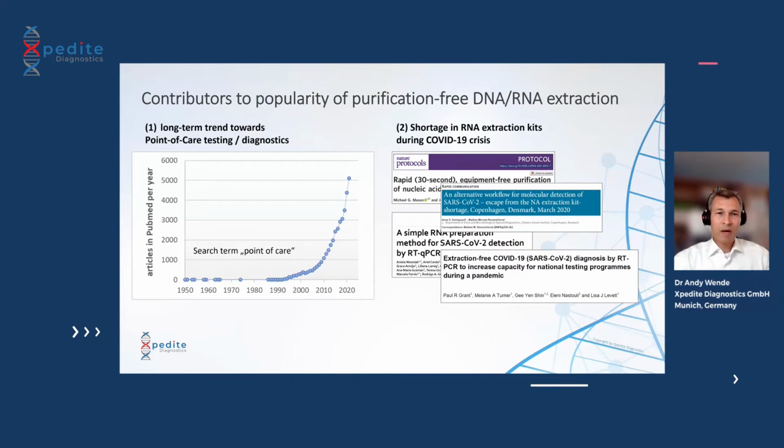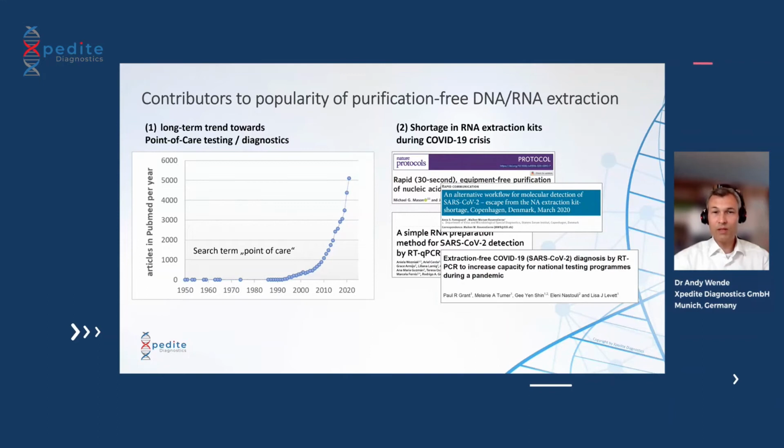And that's why people came up with very short methods, sometimes even without any extraction. You just add your sample into the PCR reaction. And you can imagine that can even work because if you think about the stuff I showed you before, saliva or nasal swabs, which is the preferred specimen for this, are one of those easy specimens, not rich in nucleases and viruses.